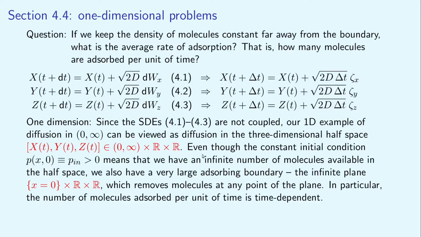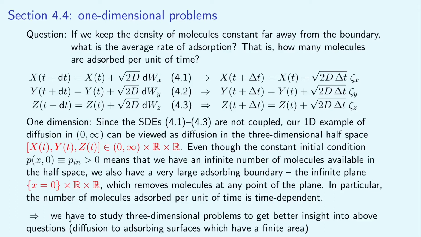Even though the constant initial condition means that we have an infinite number of molecules available in the half space, we also have a very large adsorbing boundary, the infinite plane, which removes molecules at any point of the plane. In particular, the number of molecules adsorbed per unit of time is time dependent. To get better insights into above questions, we have to study three-dimensional problems.